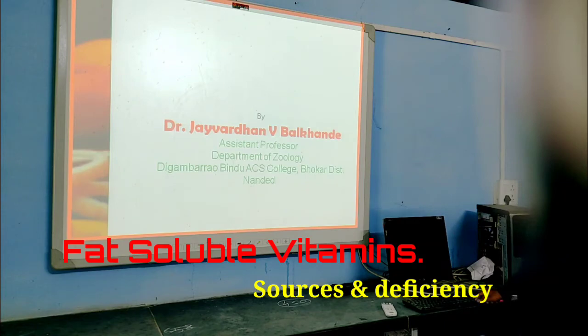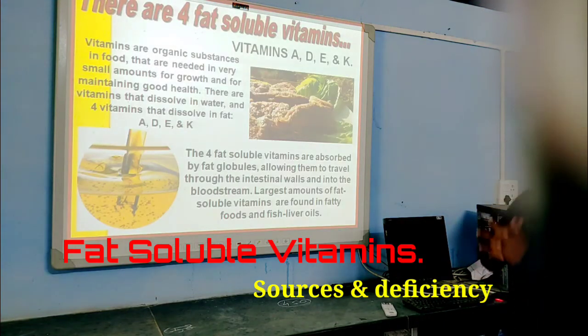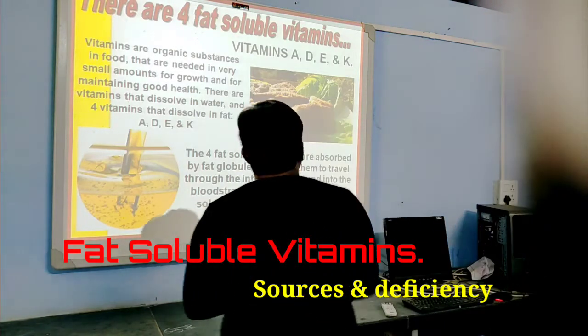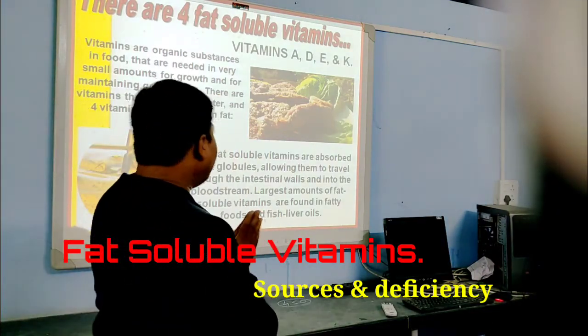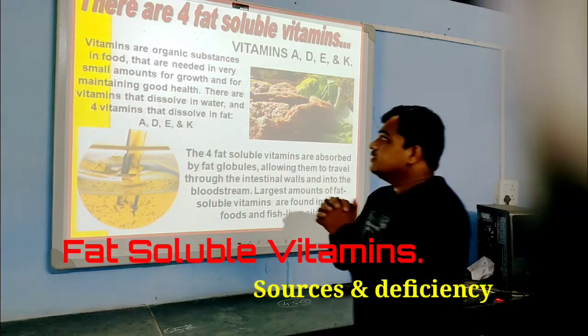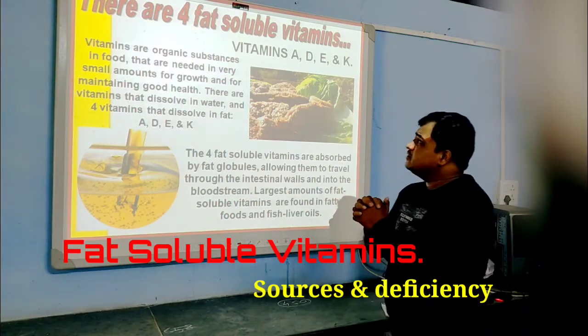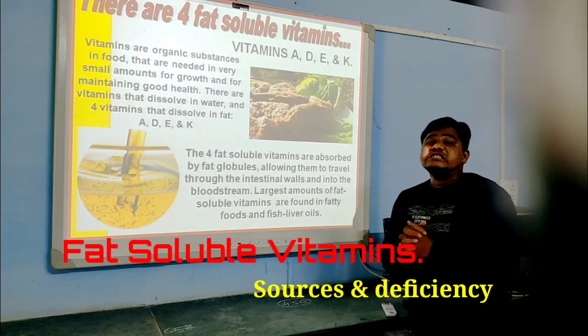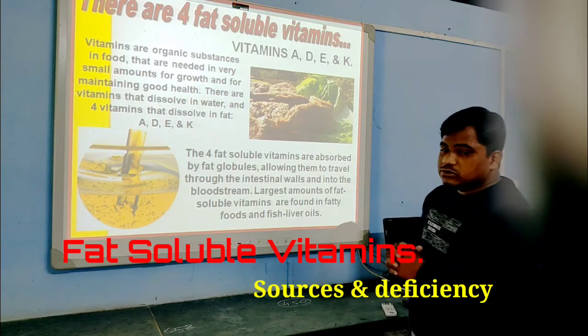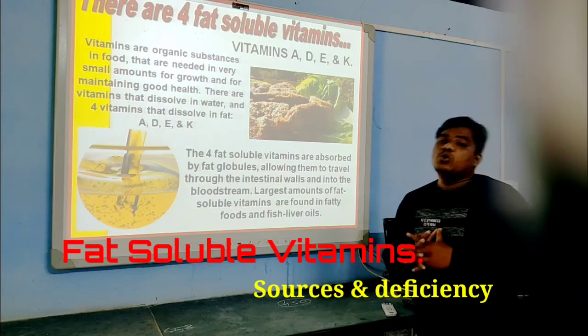See here, there are four fat soluble vitamins. As you can see here, the vitamins are organic substances in food that are needed in very small amounts for growth and for maintaining good health.